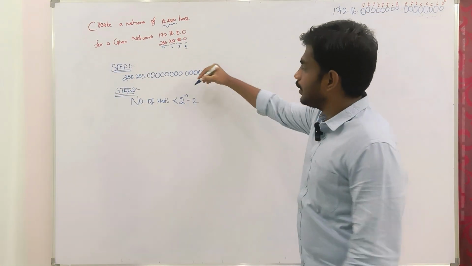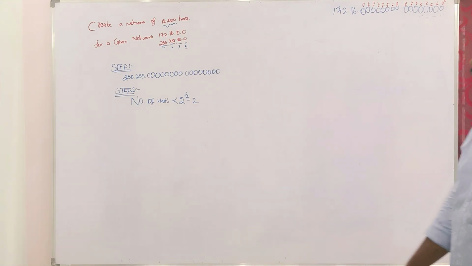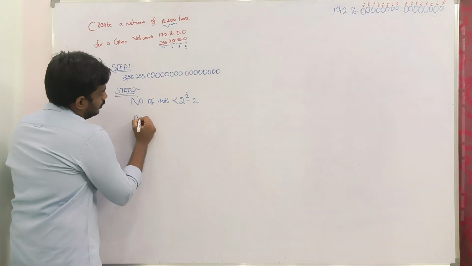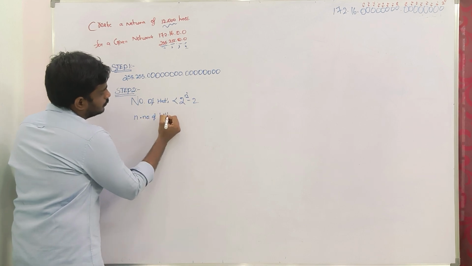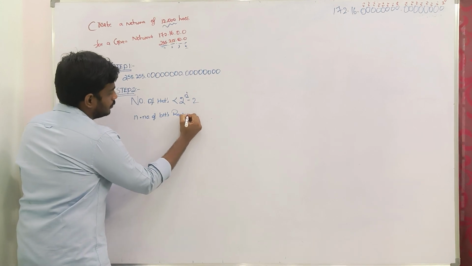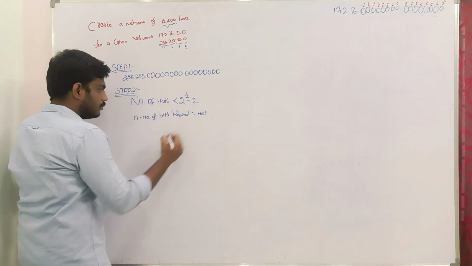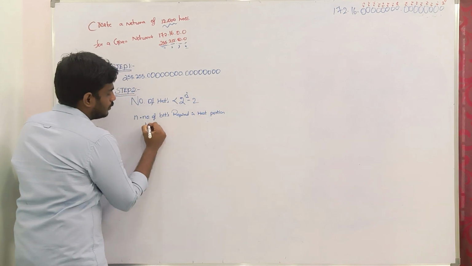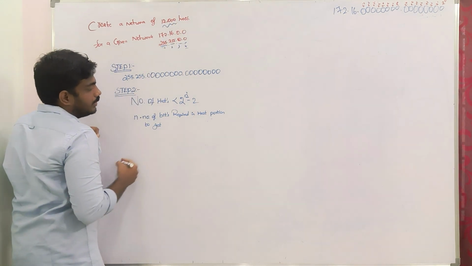What is this n here? n is the number of bits required in the host portion to get 12,000 hosts.